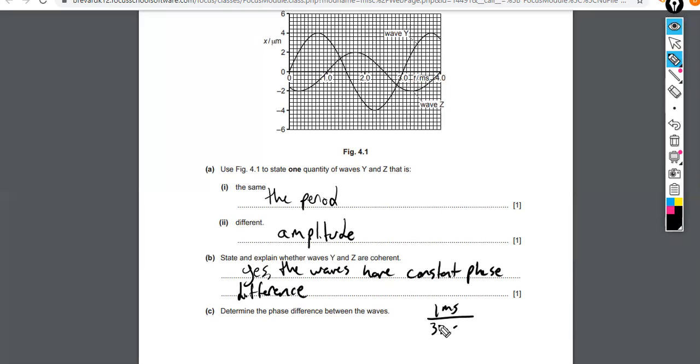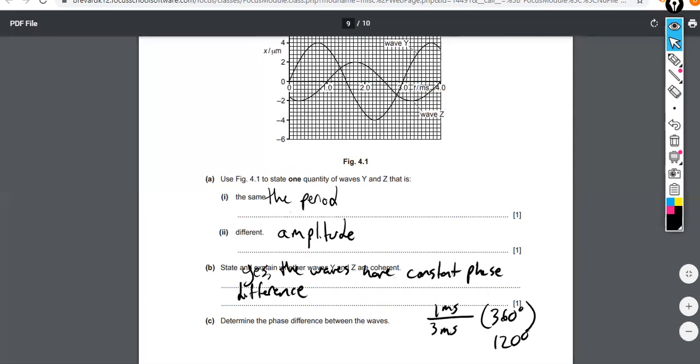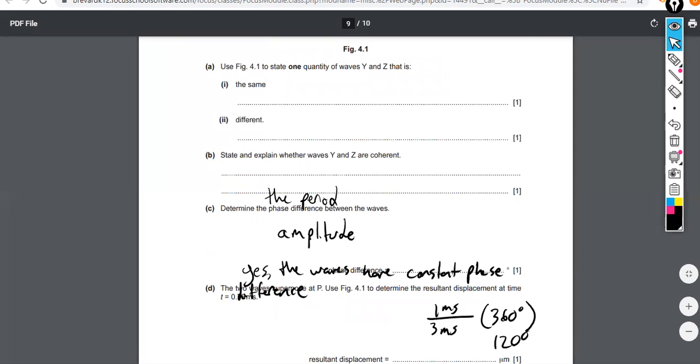So 1/3 of 360 degrees is what? 120 degrees of phase difference. And you can always look and see, are you restricted to certain units? And here we are to degrees. And so if you love radians, convert into degrees.